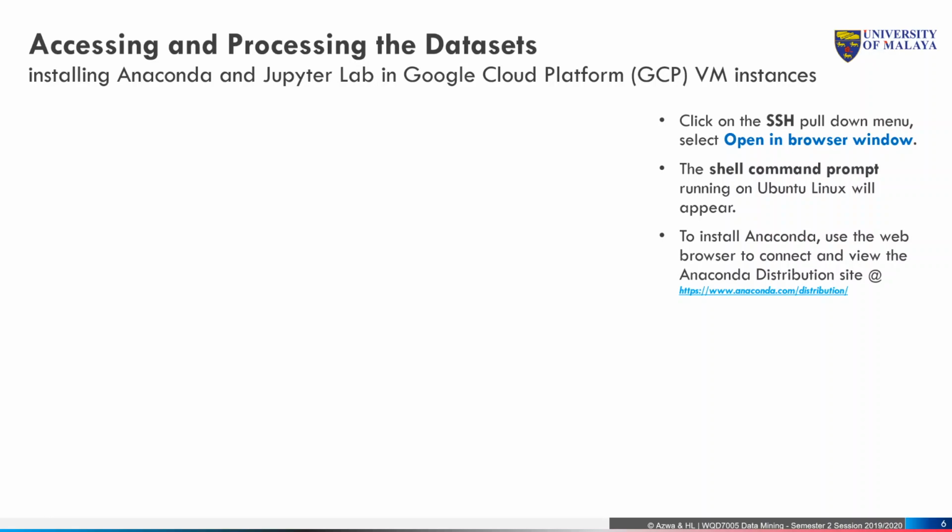In order for us to install Anaconda, all we need to do is go to the site as shown in this screen, where we can look at the latest version of the Anaconda distribution.